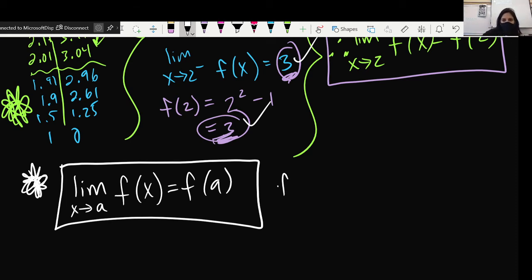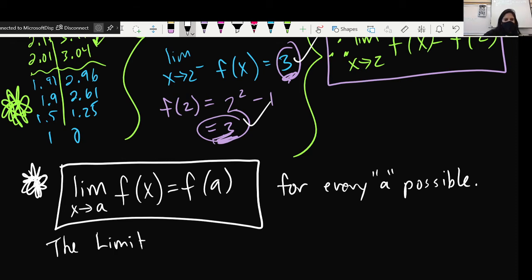And this is true for every a value possible. This is called the limit definition of continuity.